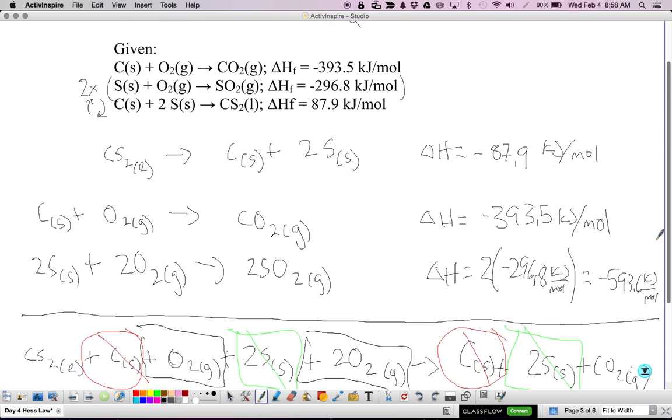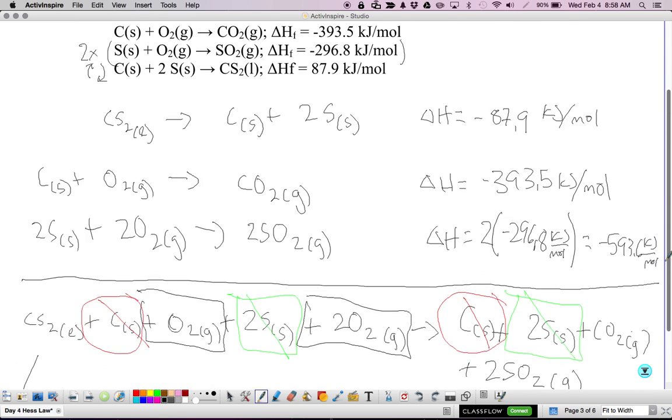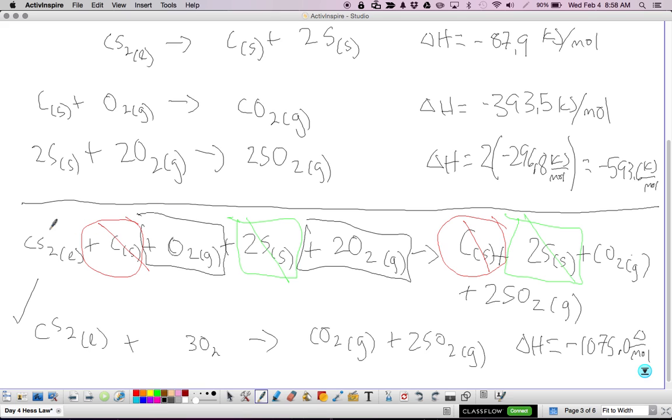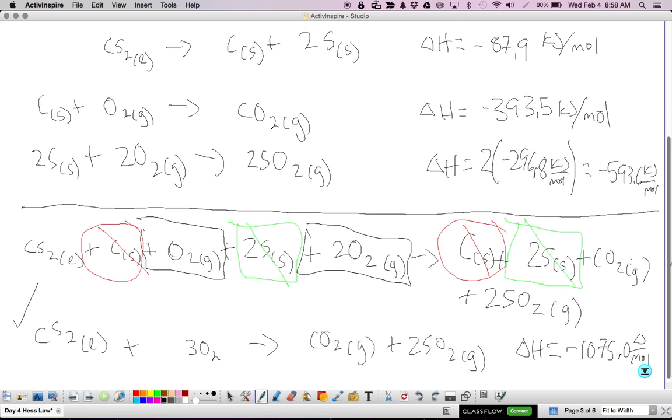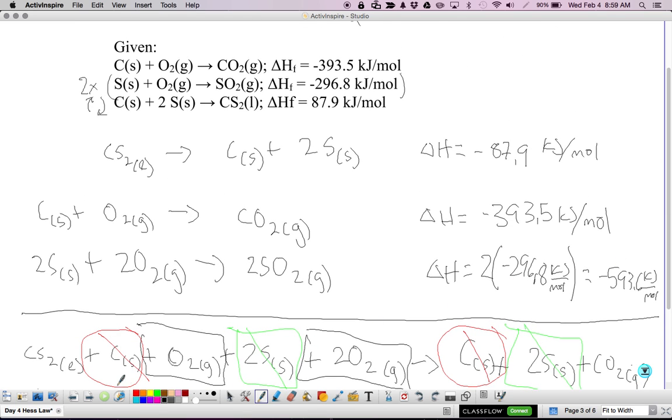Okay? Now, the last thing that I want to show you is you don't have to do this step where you write everything out. You can cancel stuff and look for things to combine right here in the steps. So for example, here's 1 oxygen. Here are 2 more oxygens. So I can combine those straight away. Okay?